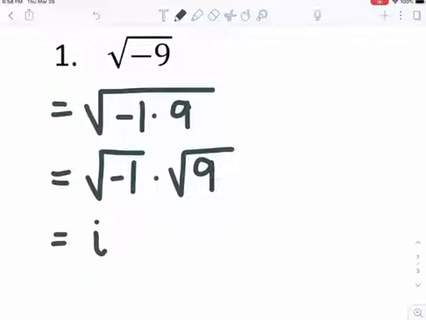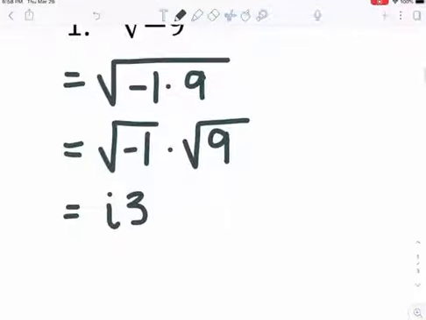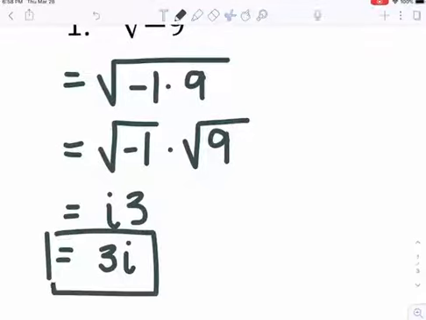My imaginary unit. And now that I've gotten rid of that negative 1, I know how to take the square root of 9, right? The square root of 9 is 3. So I have i and 3, and then usually, just like you write your coefficients with your variables, we write the number first and the i second, and this is my final answer. So that is what the square root of negative 9 is equal to as an imaginary number.